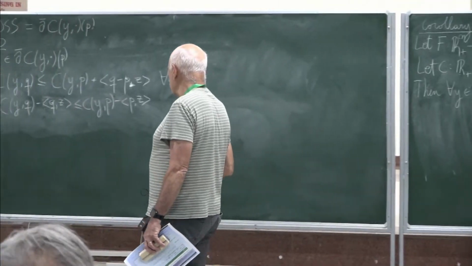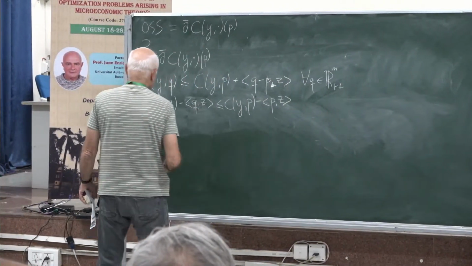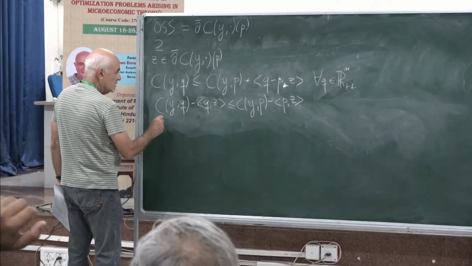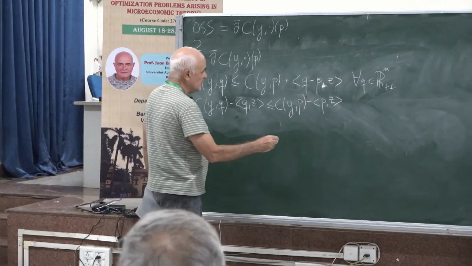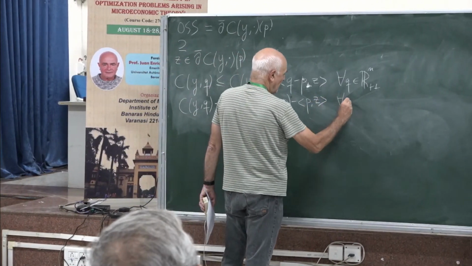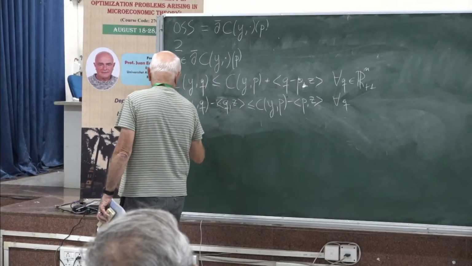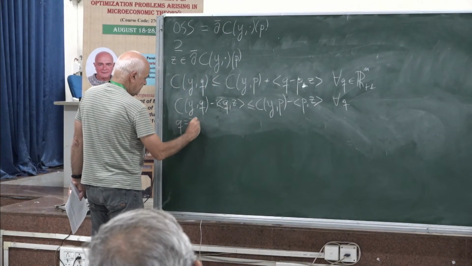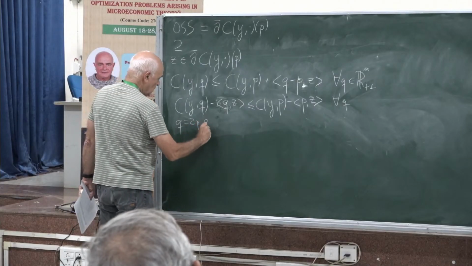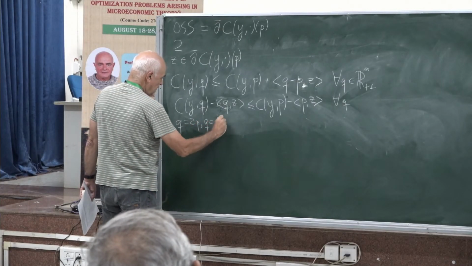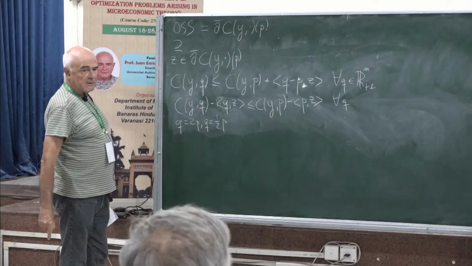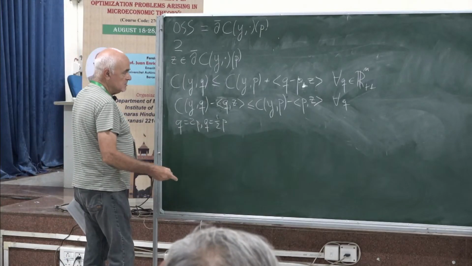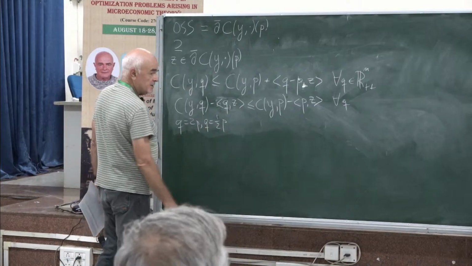So, because this is satisfied for every q, taking q equals 2p, and then q equal 1/2 p, then I prove that the right-hand side is 0.